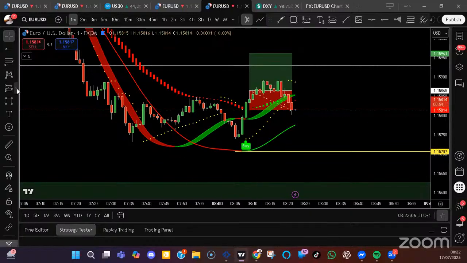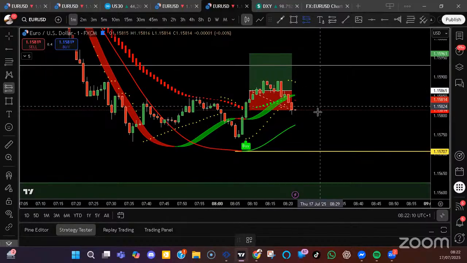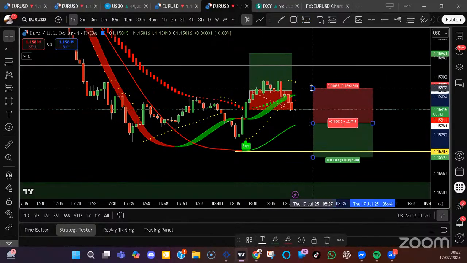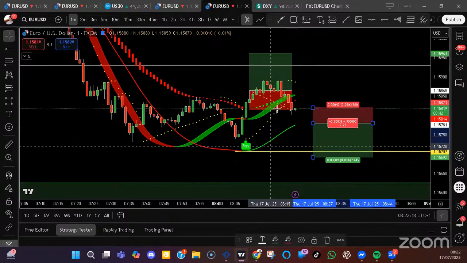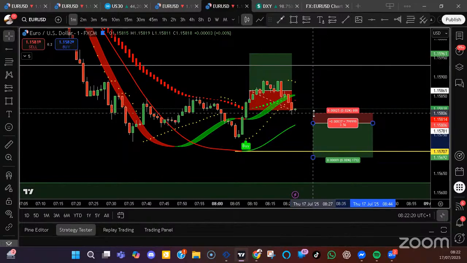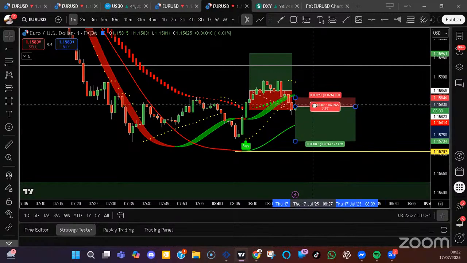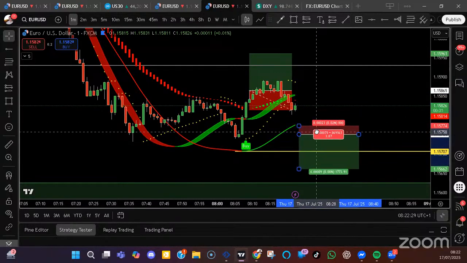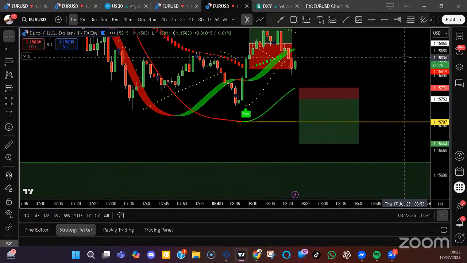So if a sell does happen, minimum two pips away. At the moment, sorry, it would be there, wouldn't it? Because that's where the trend line is, and that would be closest to the entry.